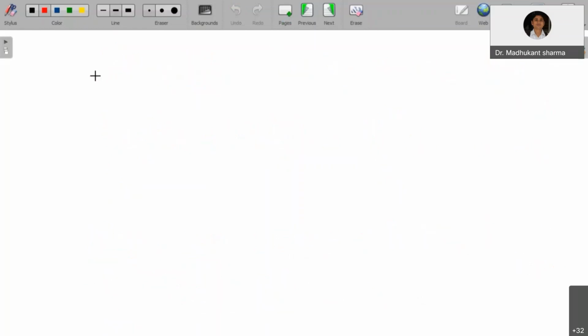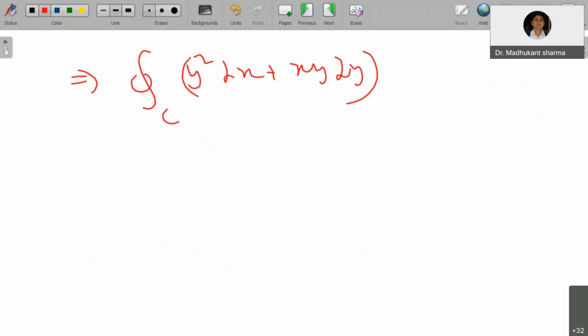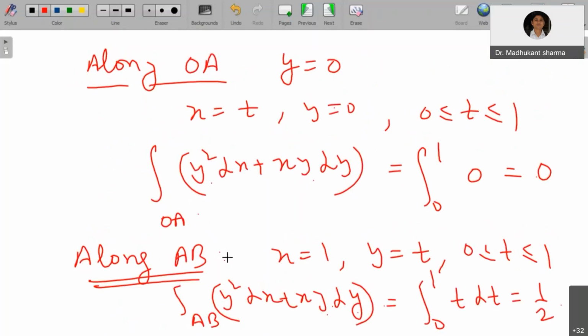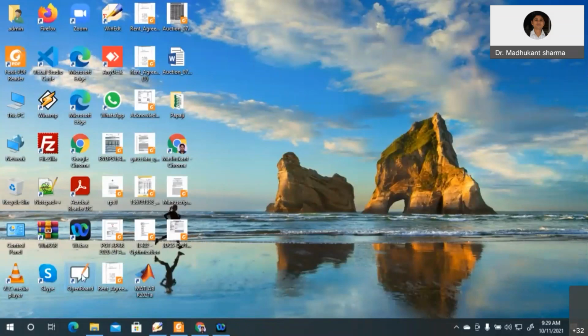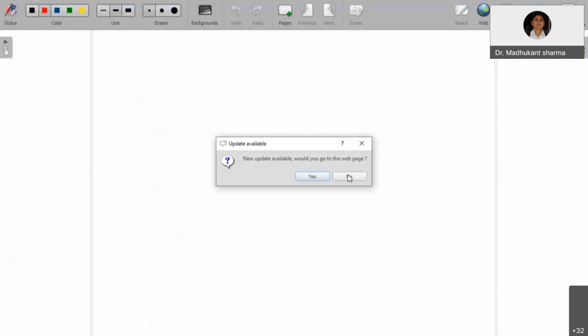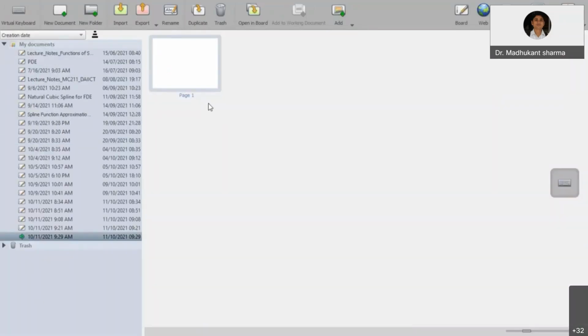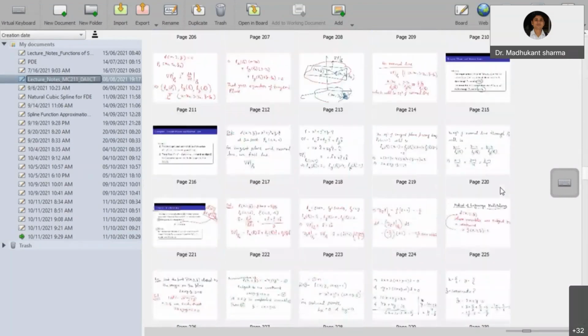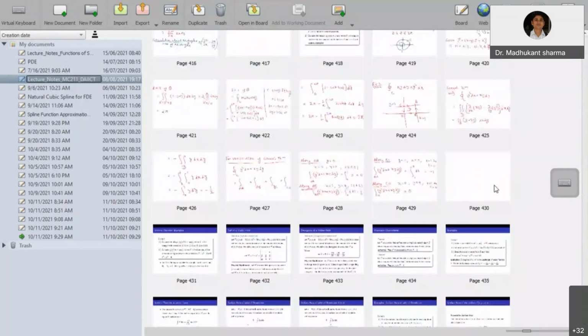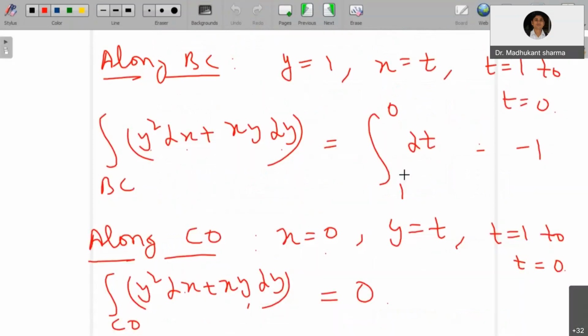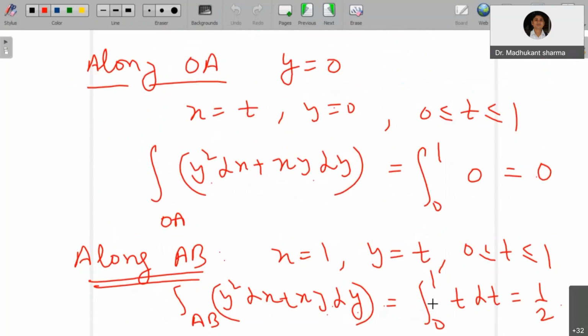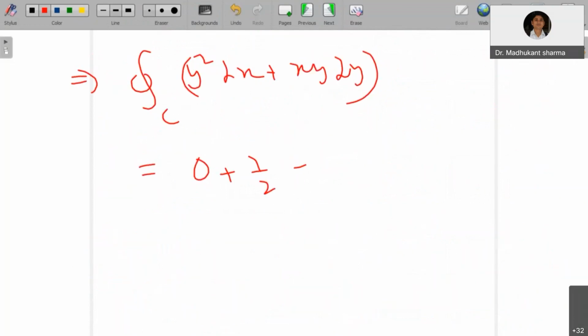Therefore the integral along C of y square dx plus x times y dy is 0 along OA, 1 by 2 along AB, minus 1 along BC, and 0 along CO. So I hope you got it that the final value is minus 1 by 2, which also verifies Green's theorem.